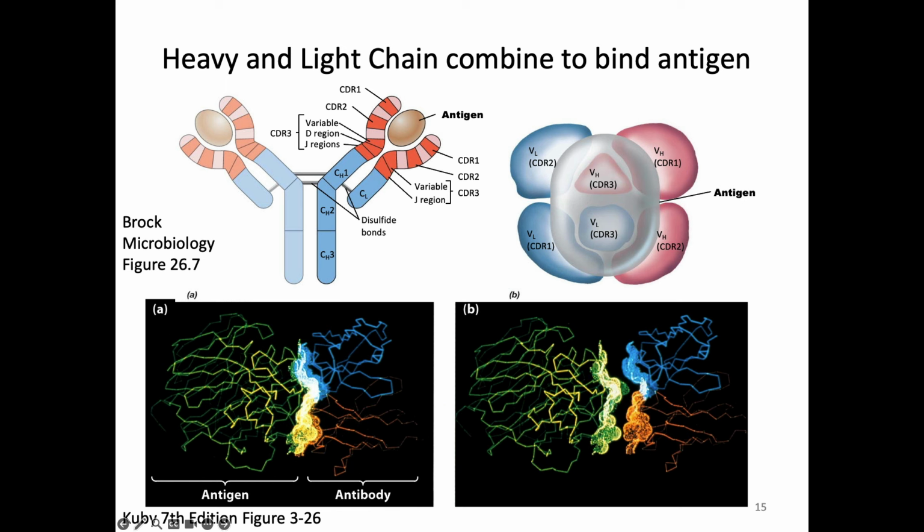One of the most important pieces of this is that when we're binding to antigen with our antigen binding sites, that antigen binding site is made of a combination of the heavy and light chain. It's not just the heavy chain doing it alone. It's not just the light chain doing it alone. It's actually completely about the combo of them, the combined interface, the combined shape, the combined structure that they make.